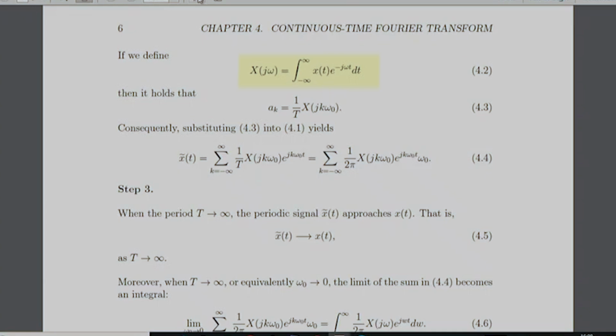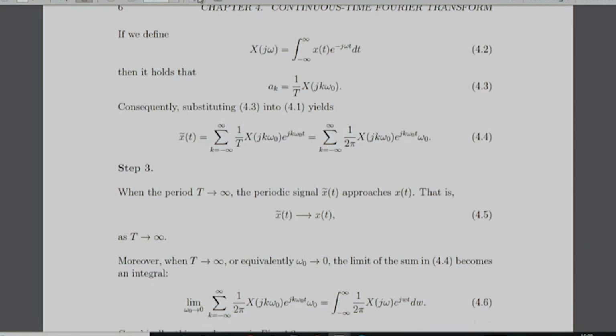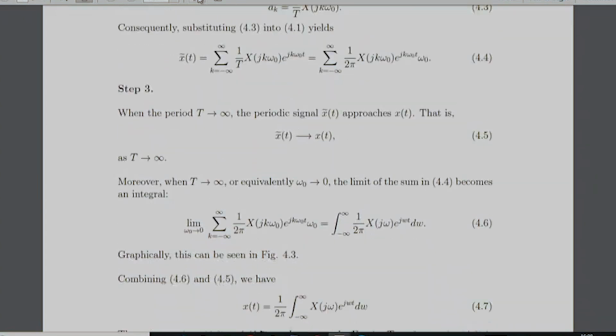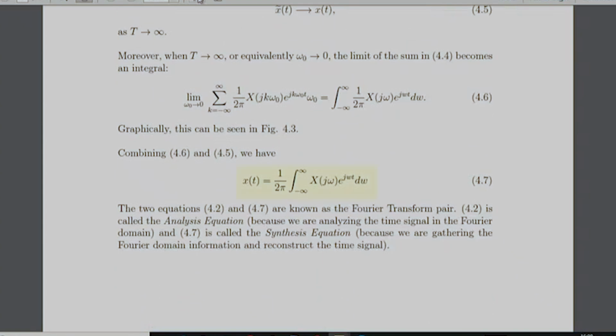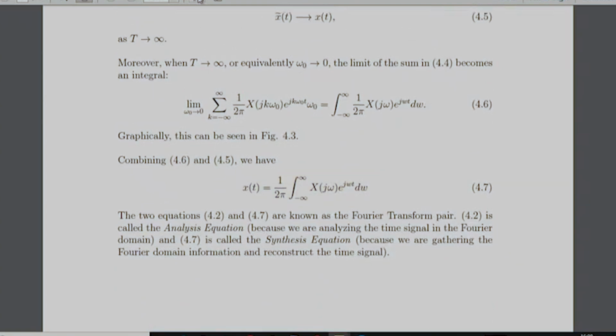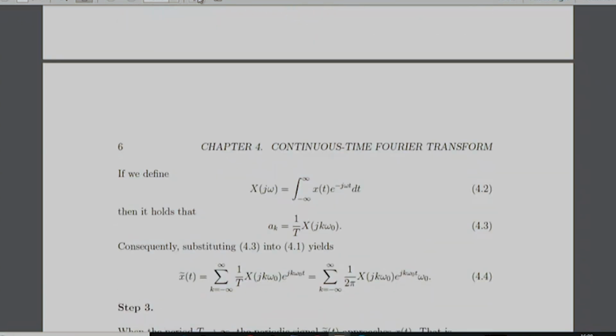And then you go through the substitution of the formula in the synthesis equation, and you magically come out with this formula right here. So x of t is 1 over 2 pi integral of X of j omega e to the j omega t d omega, where X of j omega was defined by this.